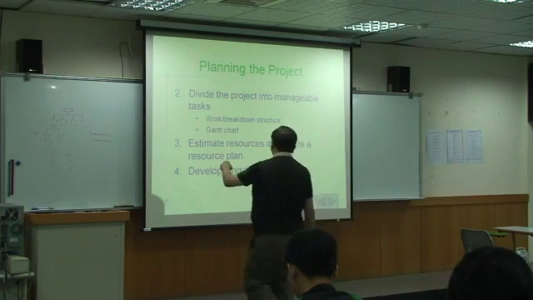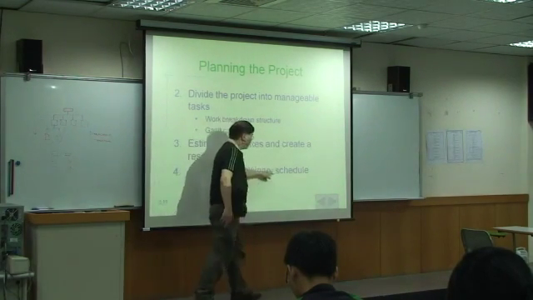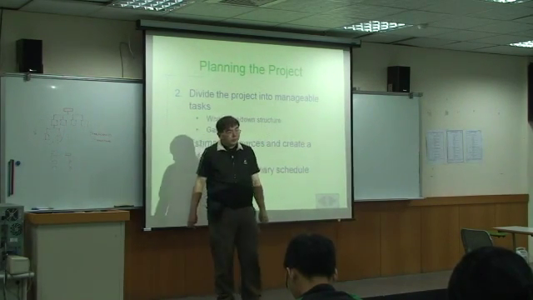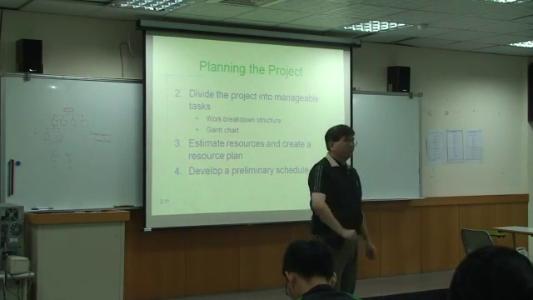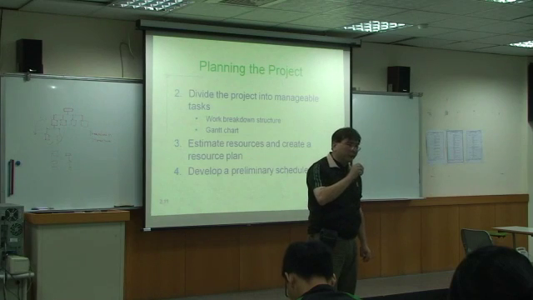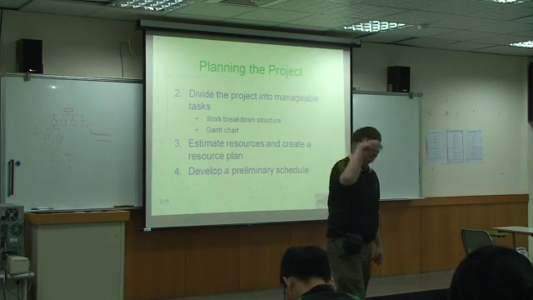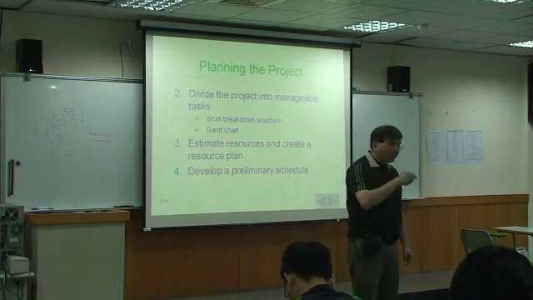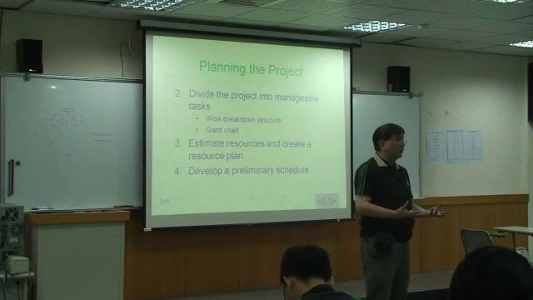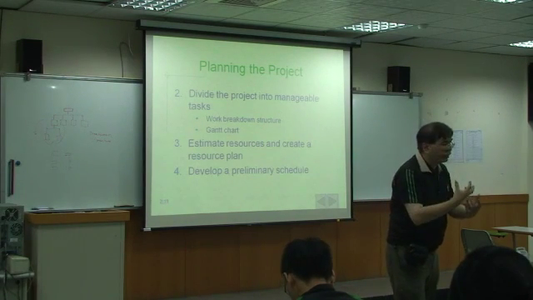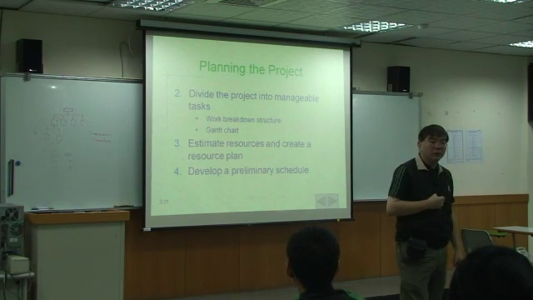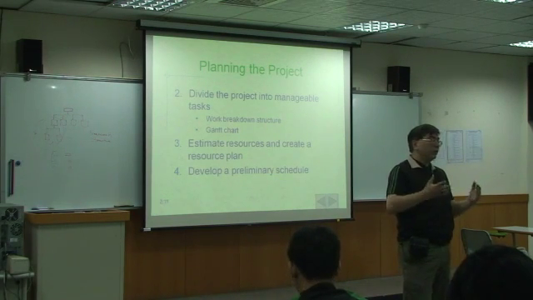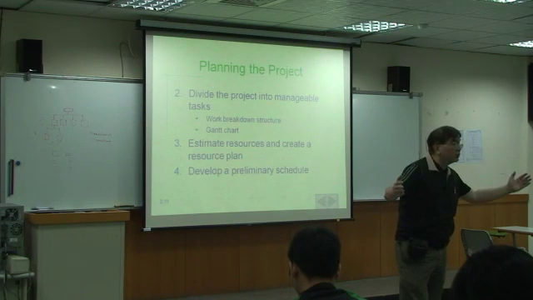So by the preliminary schedule, we can do some checking. The checking is what we call putting in a milestone. Putting in a milestone means if a check is okay, some of the project's money will go into our account. You know, you do a project, maybe it takes 1 year.